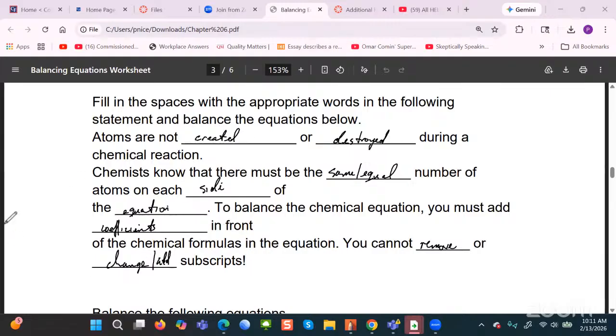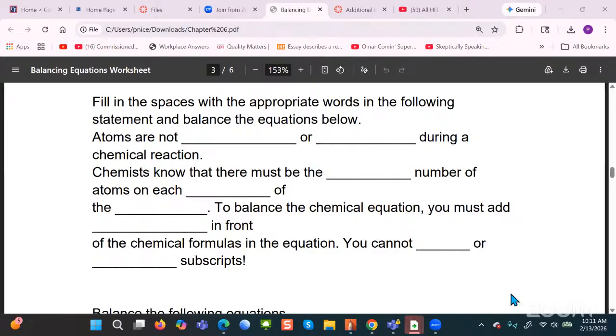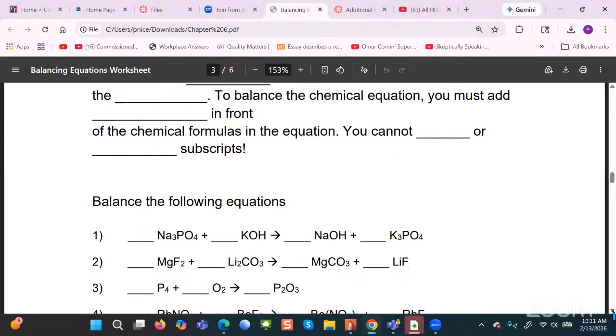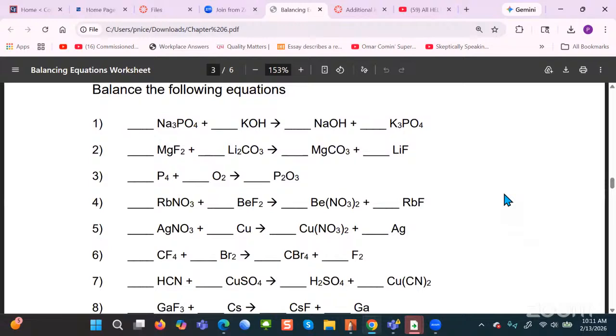So let me clear this and let's start off with a couple of these. Balance the following equations. All right. So let's start off with the first one. Let me hear your ideas about balancing that one. How would you go about balancing that equation?